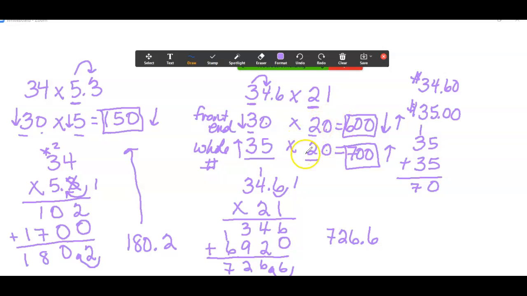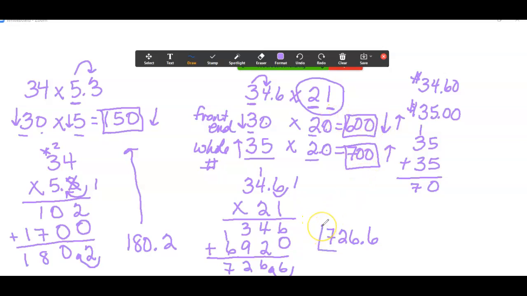Remember I rounded 21 to 20 in both of these? I didn't say whether they were up or down, and so that changes this just a little bit. Before we did this, we were thinking, oh, it has to be between 600 and 700, but we didn't take into account that extra group. And that does kind of change things a little bit.